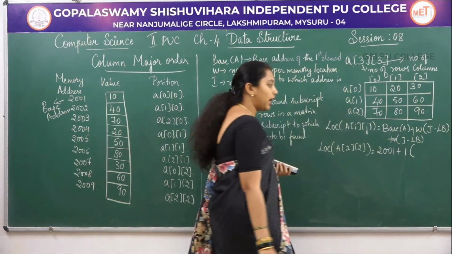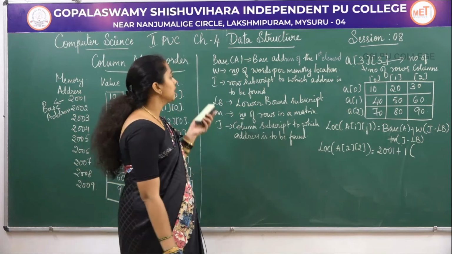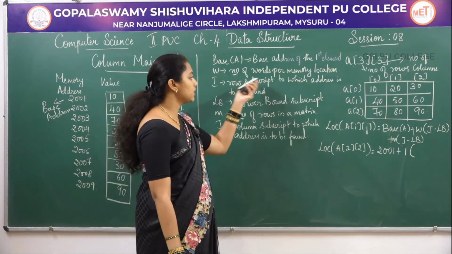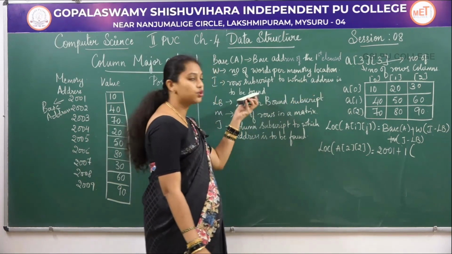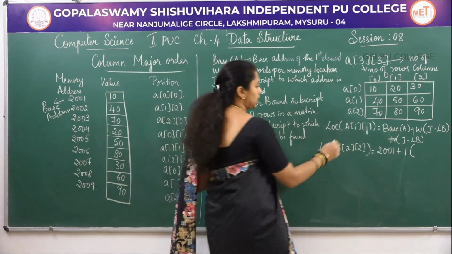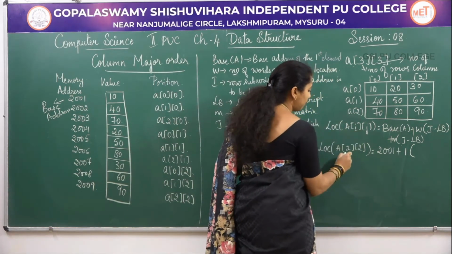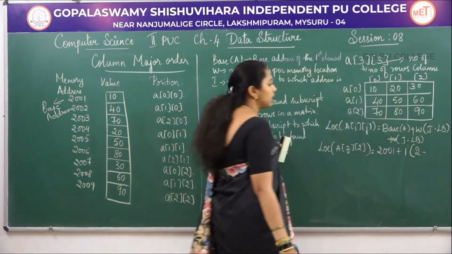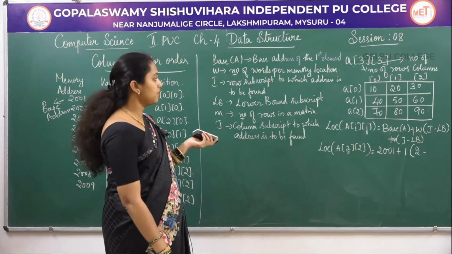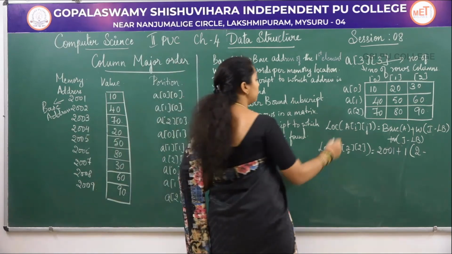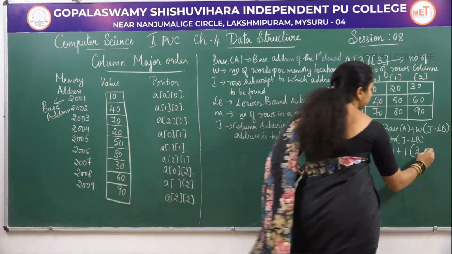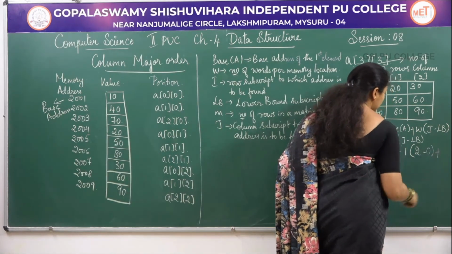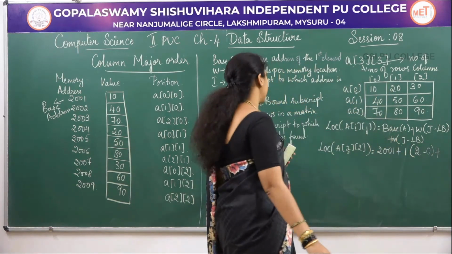What is the value of I? I represents the row subscript to which the address is to be found. The value of I is 2. 2 minus LB, that is the lower bound subscript. What is the lower bound subscript value? That is 0. Plus M. What is M?